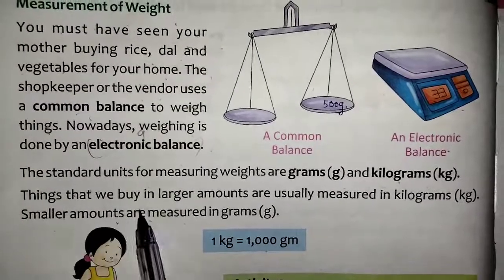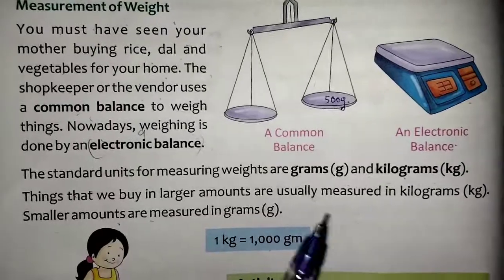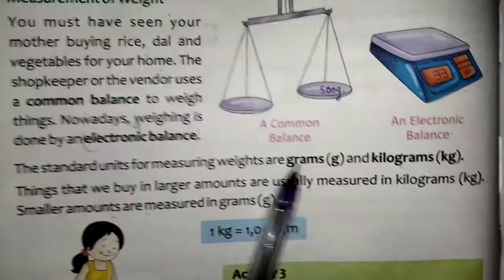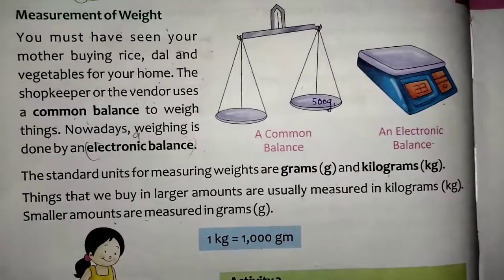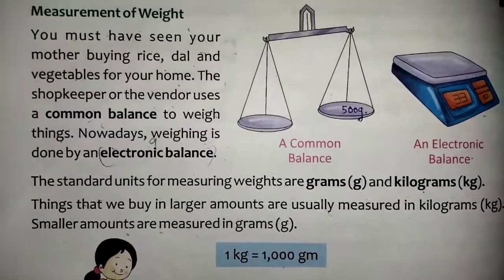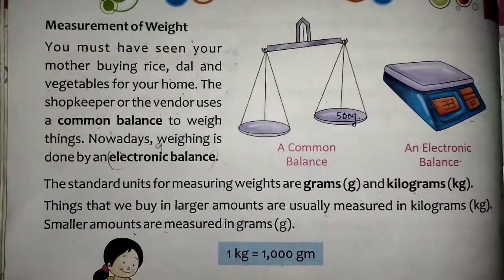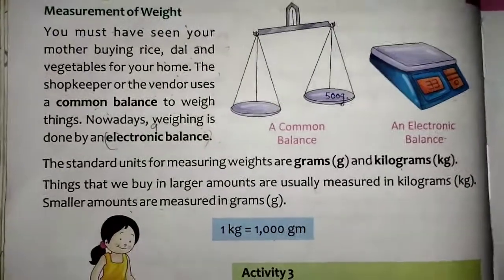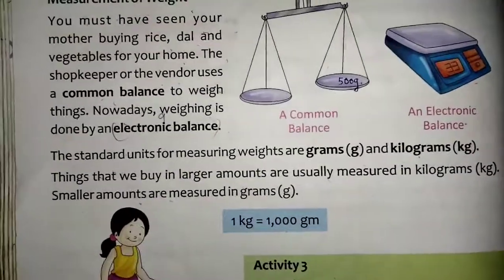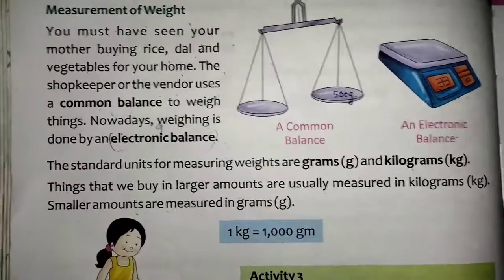Things that we buy in a large amount are usually measured in kilograms. Smaller amounts are measured in grams. 1 kg is equal to 1000 gram. In 1 kg there are 1000 gram, and half kg is 500 gram.